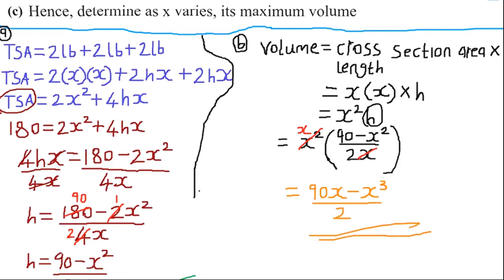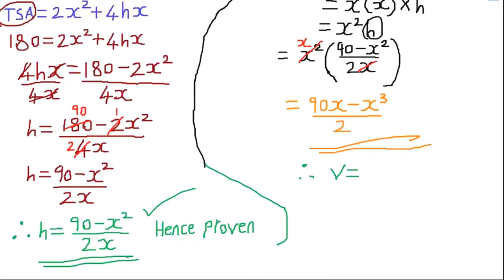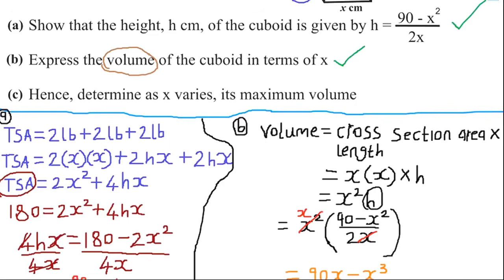So that is what the volume equals. So V is equal to 90x minus x cubed over 2. That is how you score marks in an exam room. This is how you're supposed to answer in an exam room.